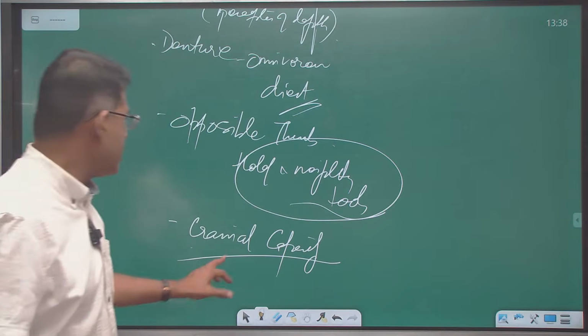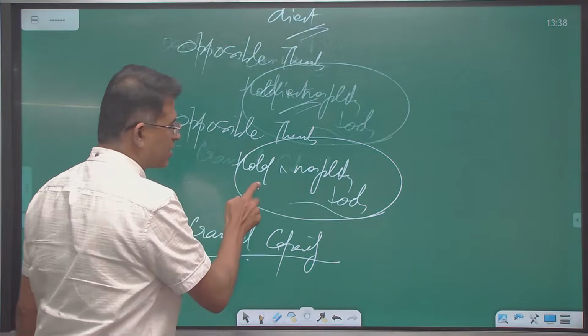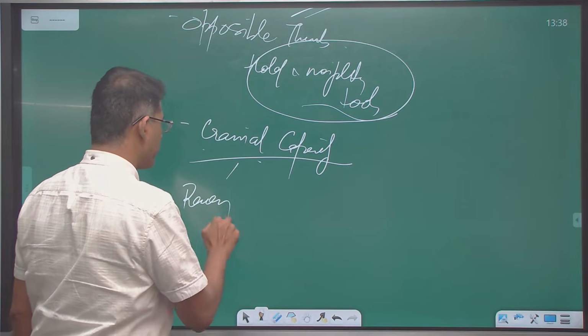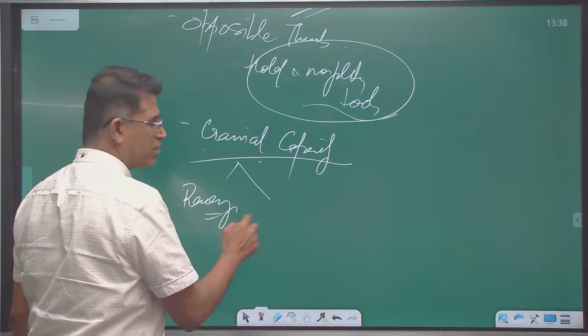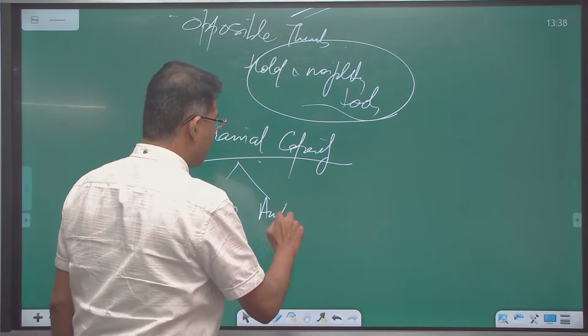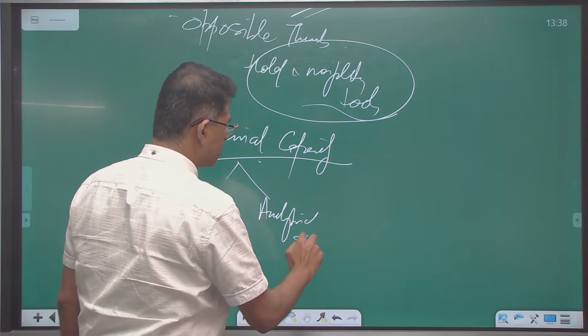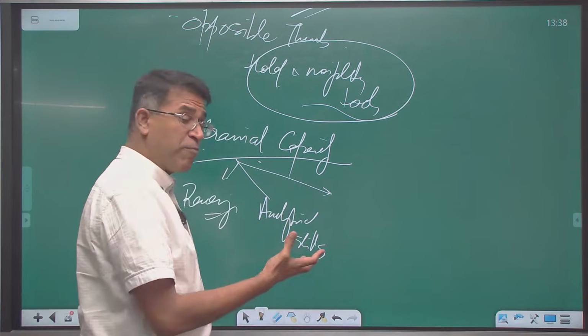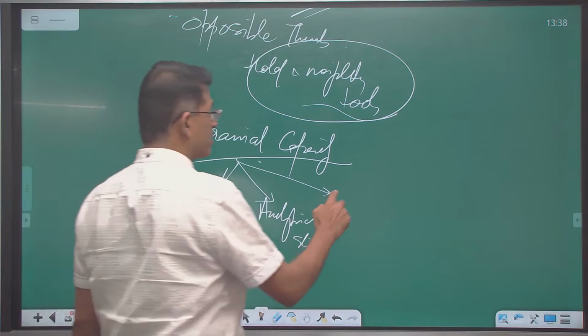This is the cranial capacity. It does reasoning. It has the ability of analytical skills. And very, very important, we dismiss this: language.